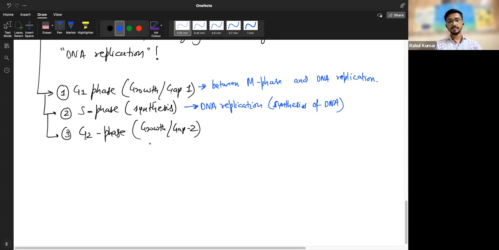In G1 phase, the cell is metabolically active and continuously grows in size, but does not replicate the DNA. Is G1 phase clear? All three of you?